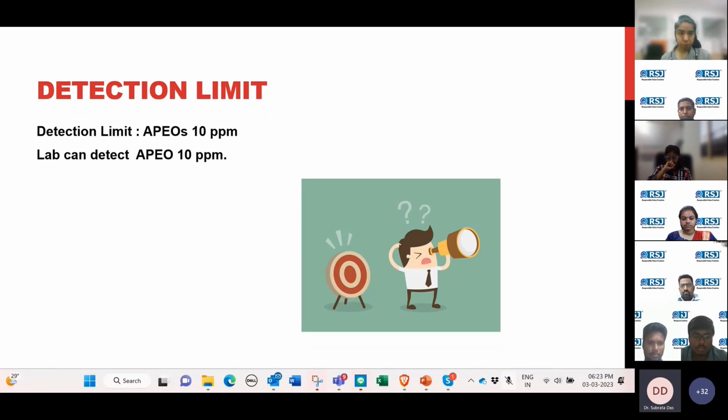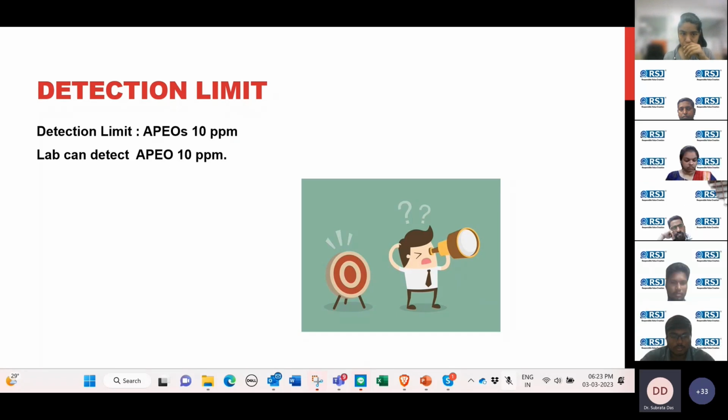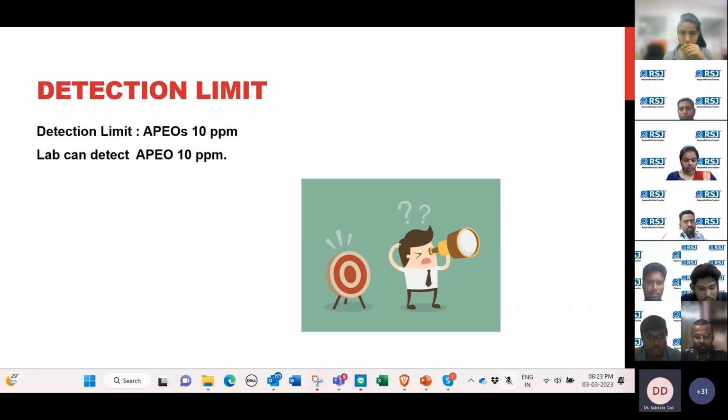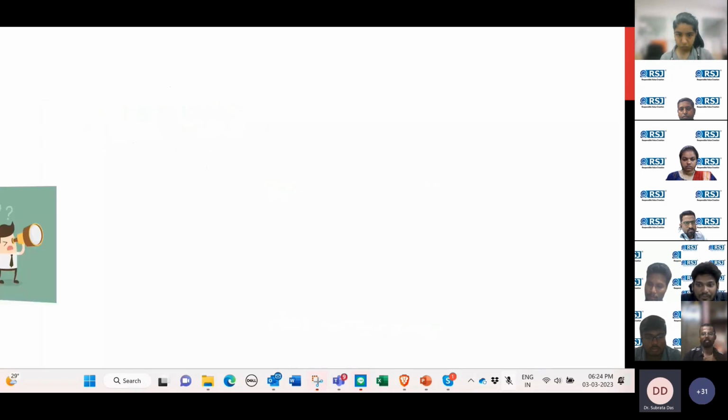Suppose the laboratory has to report above 30 ppm, because the restricted reporting limit of APO is 30 ppm. If the lab's limit is higher than what is needed, it is a problem. The lab cannot detect 10 ppm in that product because their instrument is not capable enough to detect that. So one has to scrutinize the lab very carefully.